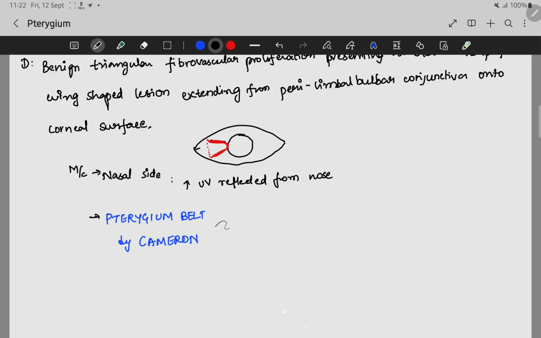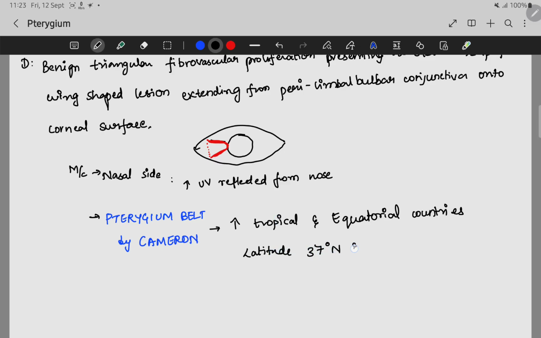He says it is most commonly in tropical and equatorial countries, so India also comes in this, in the latitude 37 degrees north and south of the equator.